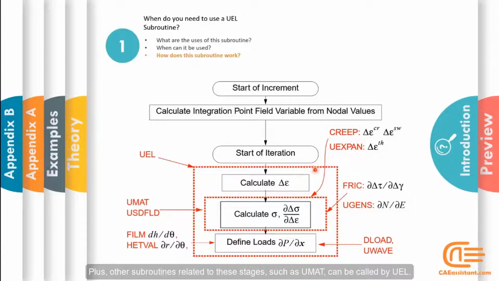Other subroutines related to these stages, such as UMAT, can be called by UEL. As you can see, any of these subroutines just consider one of the stages, like UMAT here, or DLOAD and FILM, which are used for defining loads.